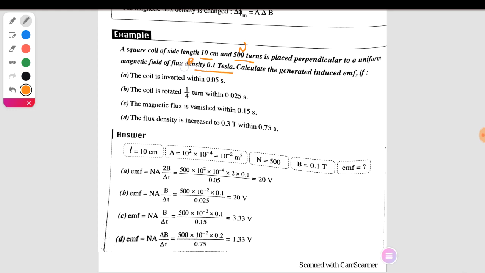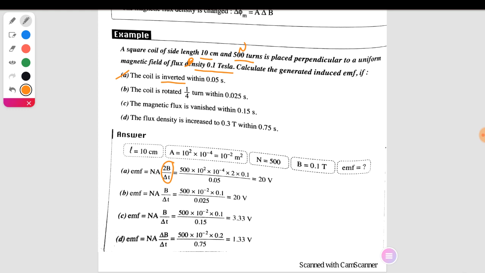This is B. Calculate the induced EMF generated when the coil is inverted in time 0.05. EMF equals N A 2 delta B over delta t, with the 2 because it is inverted.